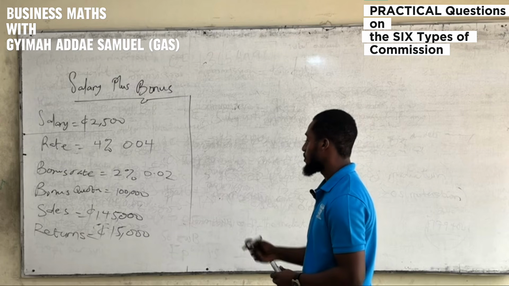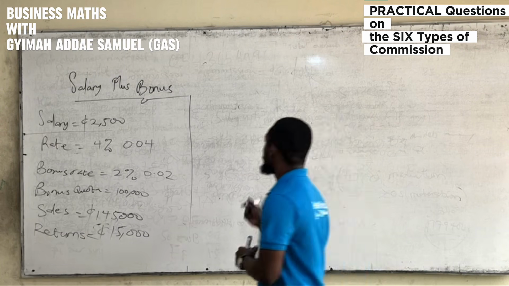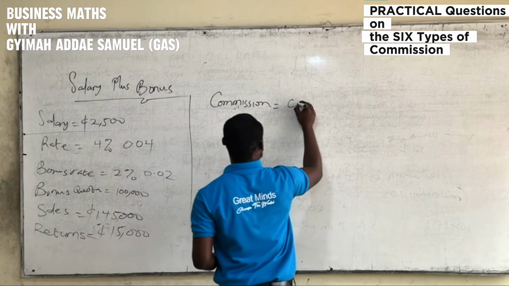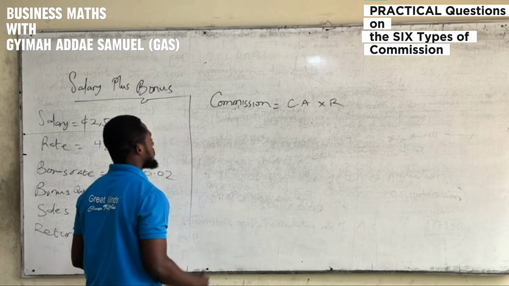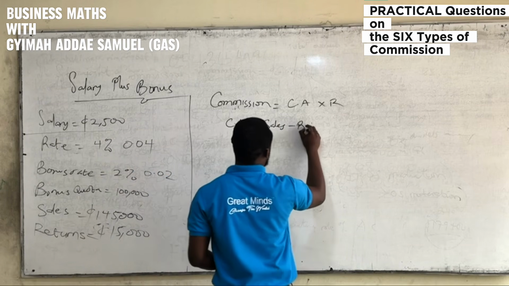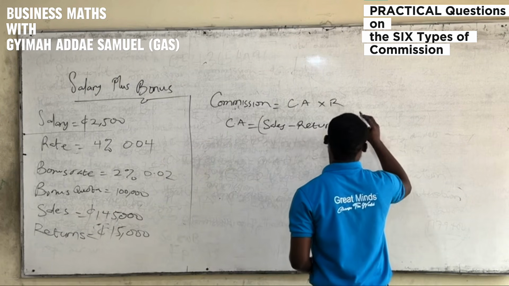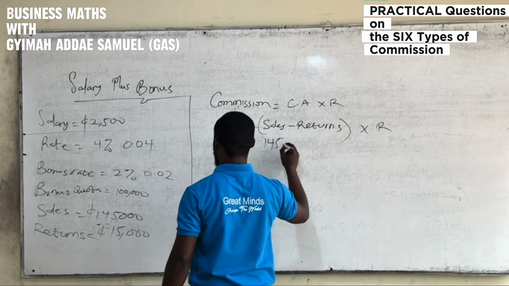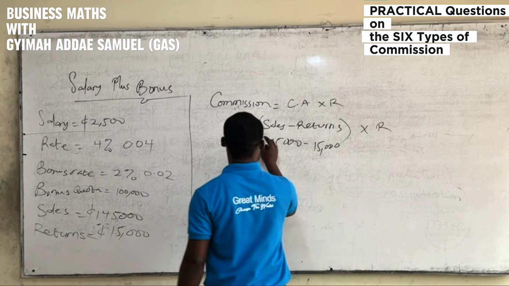And in computing the commission, returns have been provided. So you would have to subtract your returns from your sales. With this commission, it becomes commission amount times commission rate, where the commission amount becomes the sales minus the returns, then multiplying your rate. The sales here is 145,000 Ghana cedis, and the returns is 15,000 Ghana cedis.